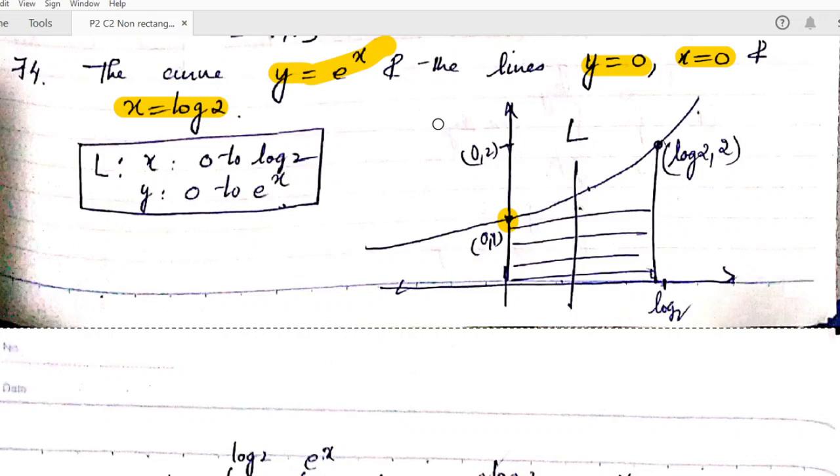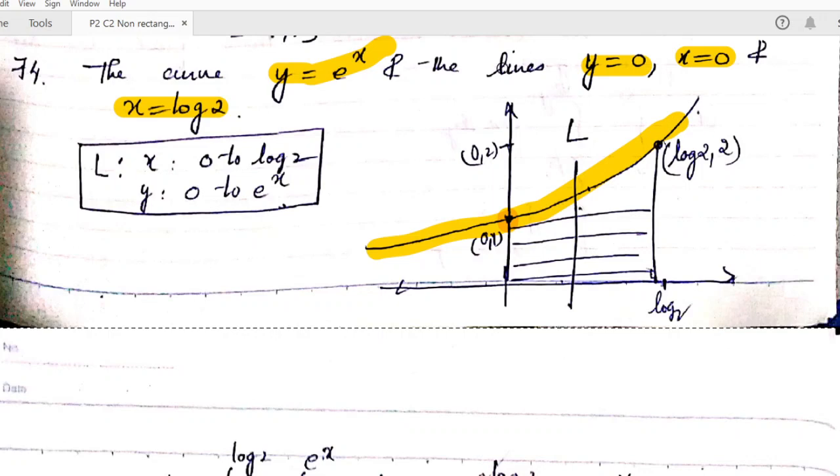E raised to infinity is infinity, so the value is 1 by infinity, that is 0. So this curve tends to 0 when x tends to minus infinity, and as x tends to plus infinity, the curve tends to infinity. So this is our exponential curve y equal to e raised to x.